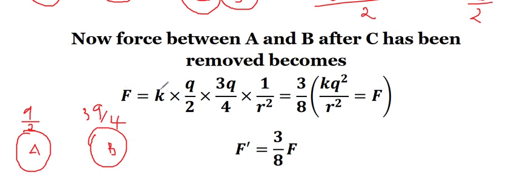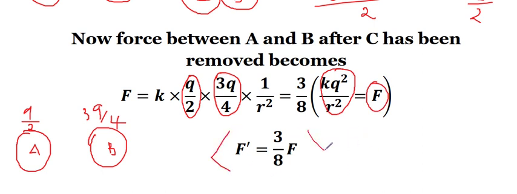So when you replace the quantities in your formula, this is the charge of sphere A, this is the charge on sphere B. When you do that, you are going to obtain 3 on 8 times KQ squared on R squared. But remember that KQ squared on R squared is equal to F. Effectively, you are going to obtain F prime to be equal to 3 on 8 F.